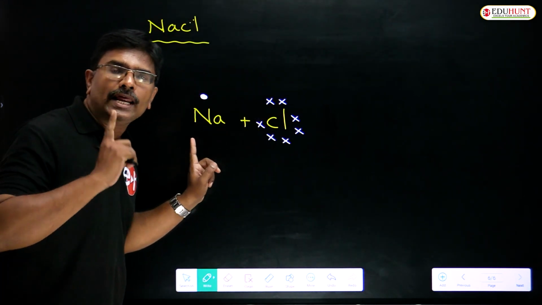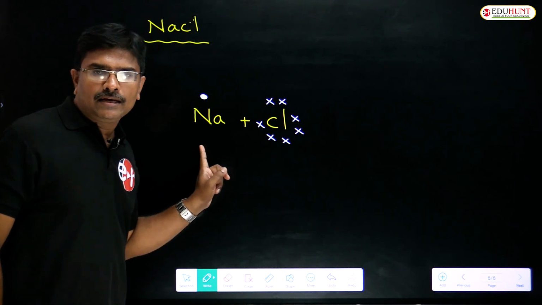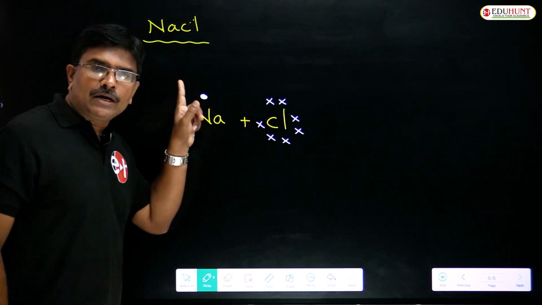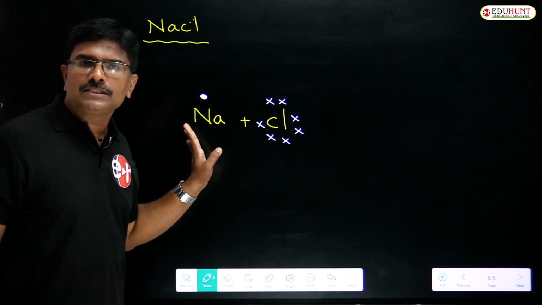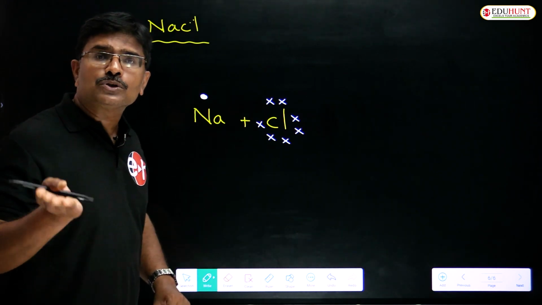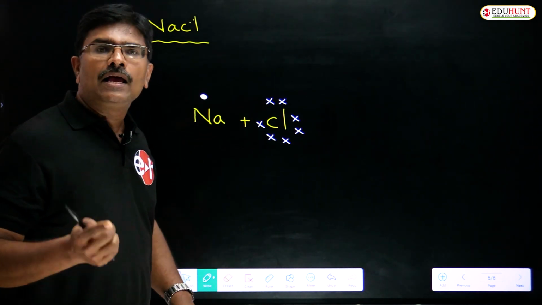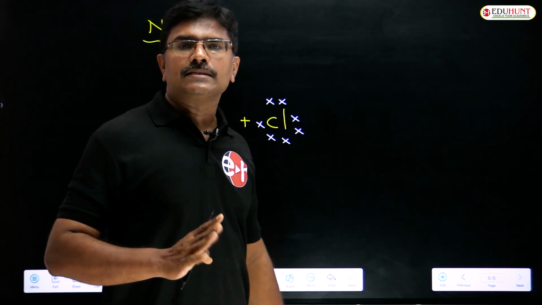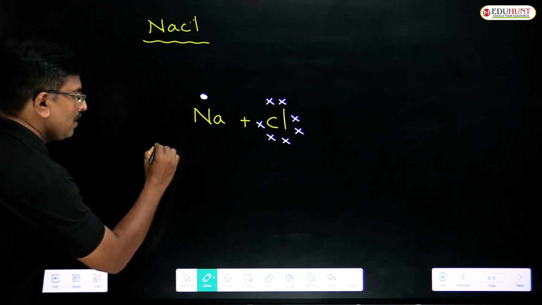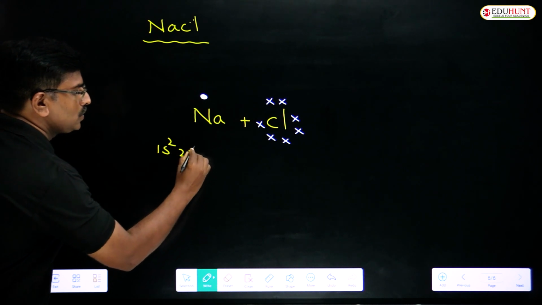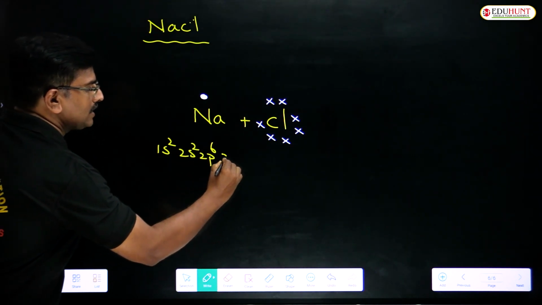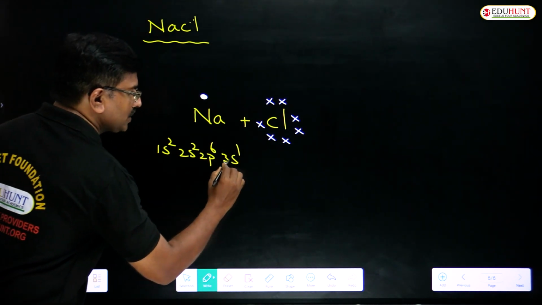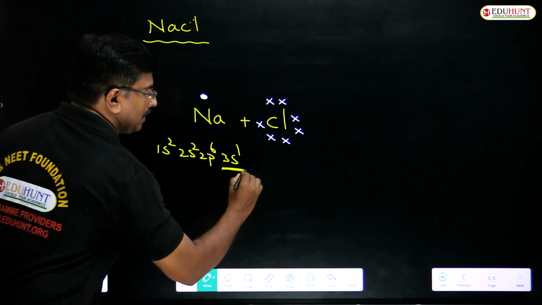Sodium has 1 electron in its valency shell, right? If it loses that 1 electron present in its valency shell, its outermost orbit now becomes the second shell and it has 8 electrons. I will represent this also. 1s2, 2s2, 2p6, 3s1. This is the electronic configuration of sodium atom.